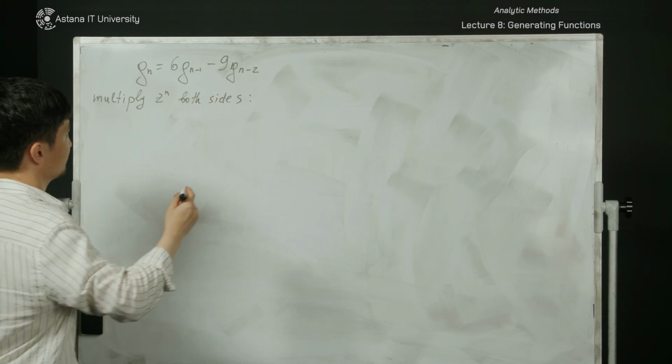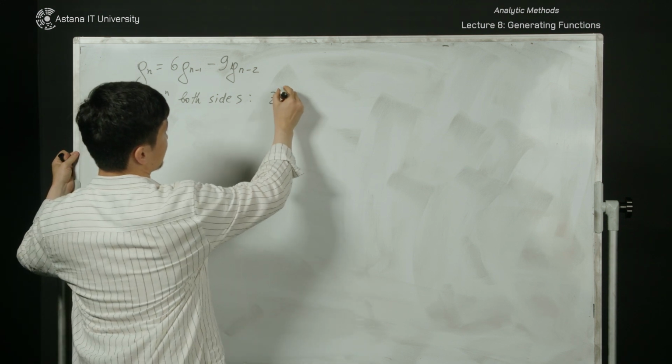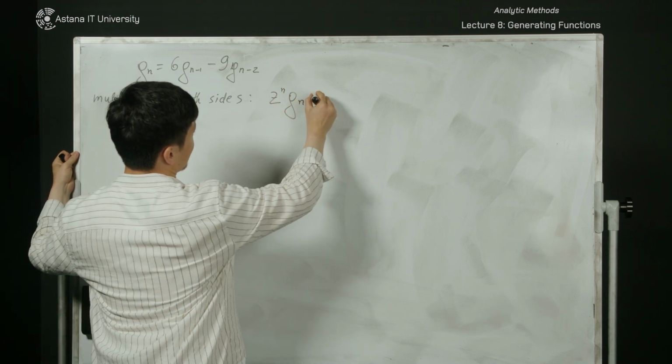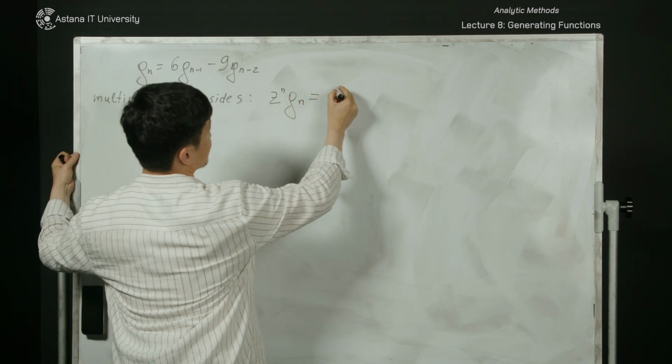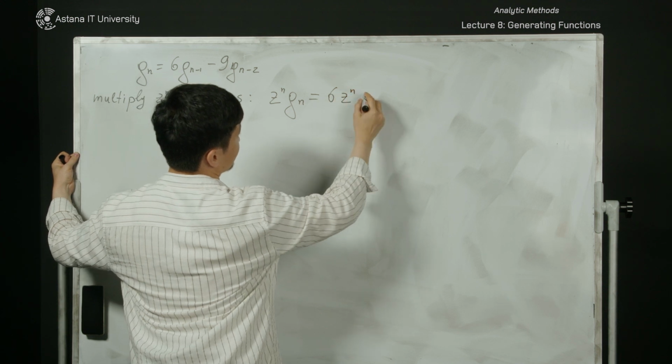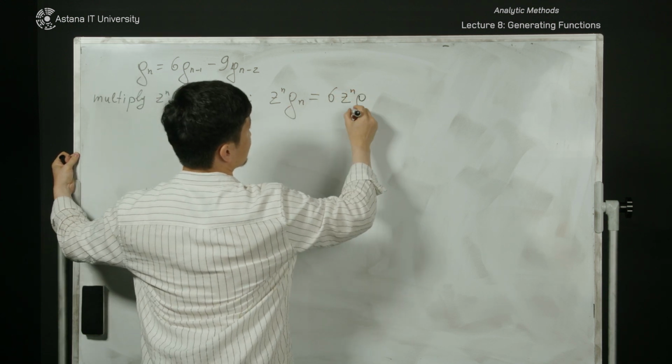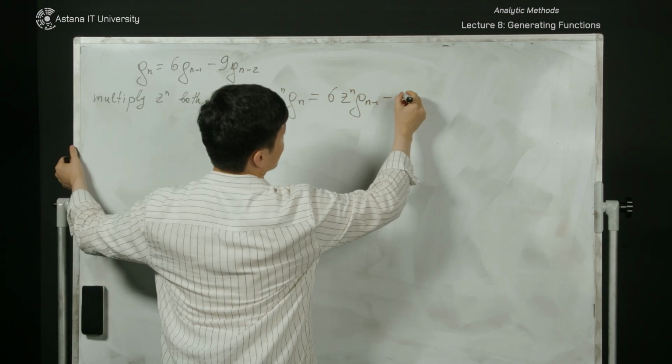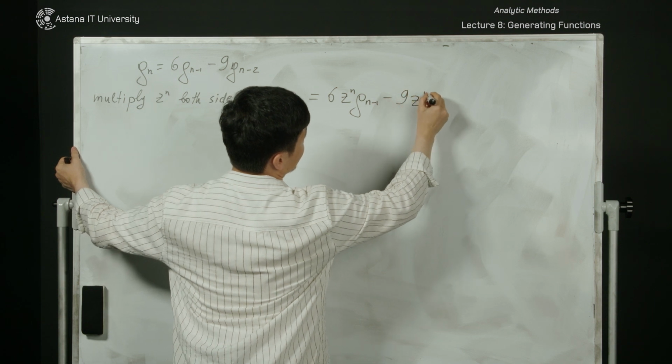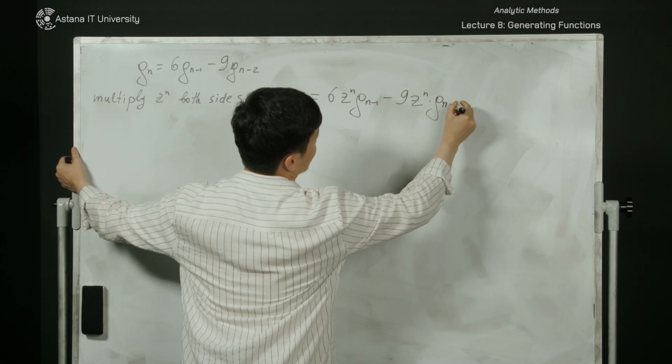It will give me z^n g_n equals 6 times z^n g_{n-1} minus 9 times z^n g_{n-2}.